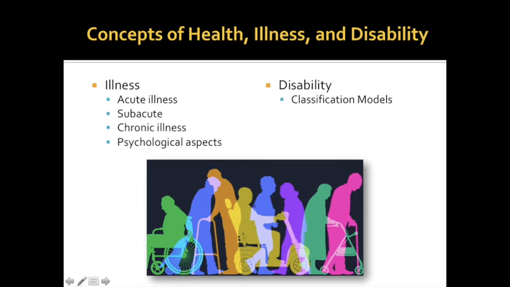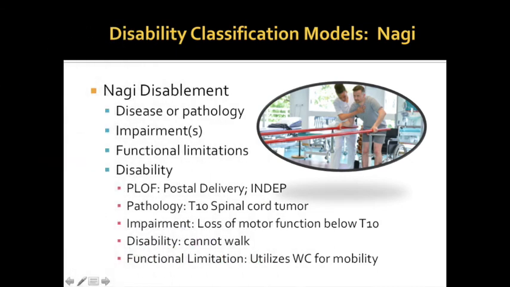When we talk about disability, we also have to talk about classification models. The Nagy model. Yeah, this already looks boring and uninteresting, but try to pay attention. So there are two models that give us a framework for describing disability, the Nagy and the ICF. Let's talk about the Nagy first. They are attempts at a uniform language.